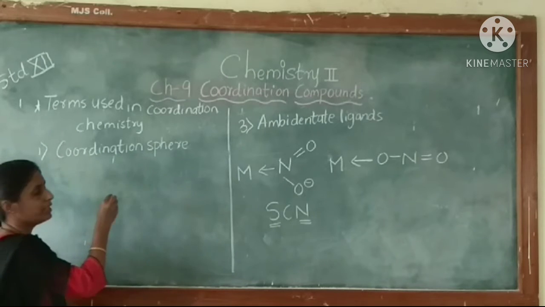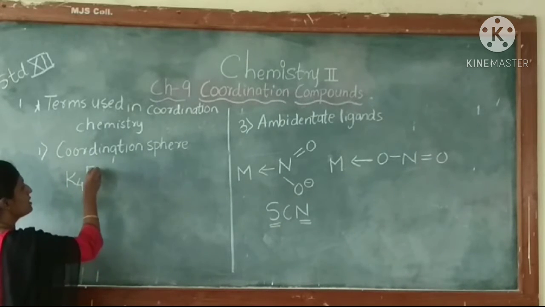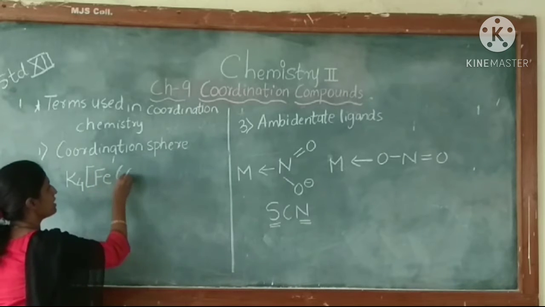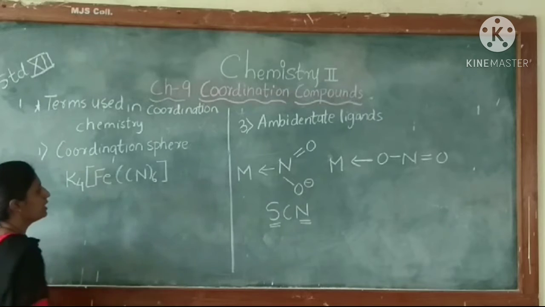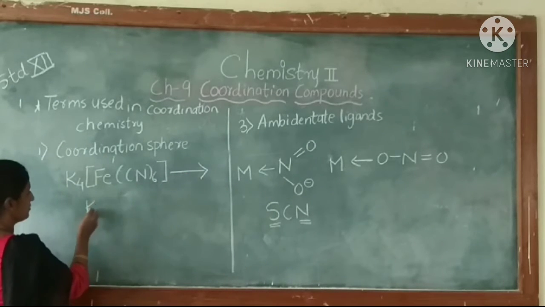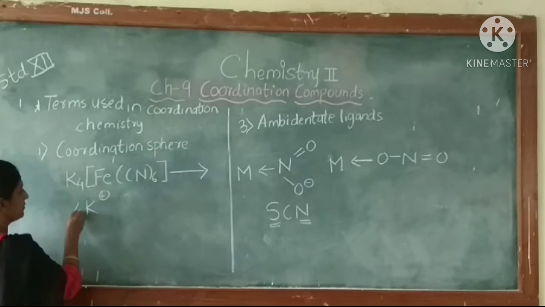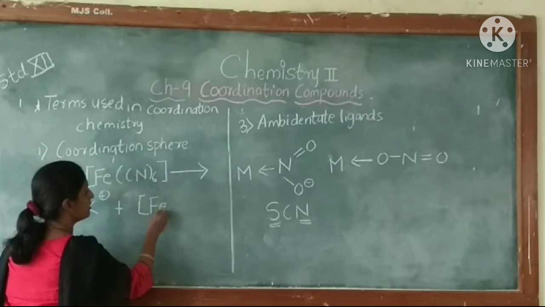Let us understand with the help of an example. Now we will see here the K4[Fe(CN)6] complex. This will be written like this, and this will not ionize.